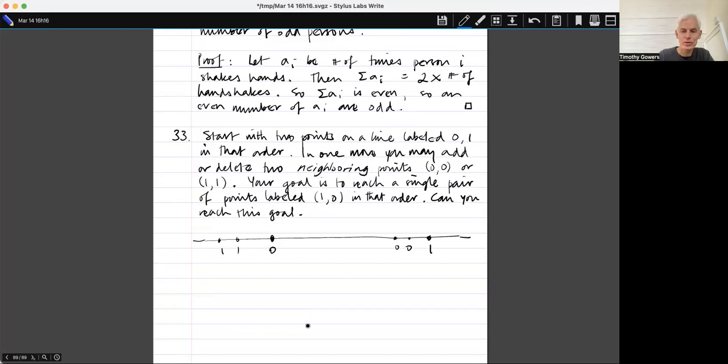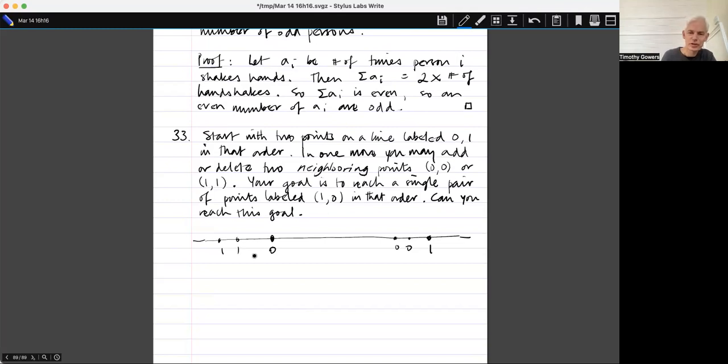What I'm tempted to do here is count, or rather look at not 0 1 but minus 1, 1, and sum as I go along.